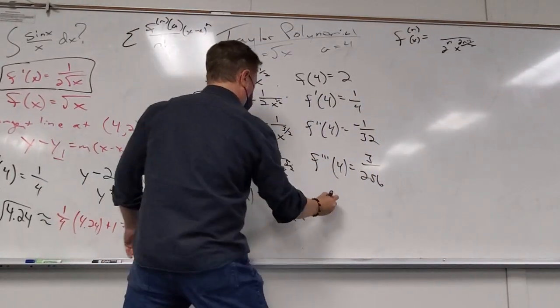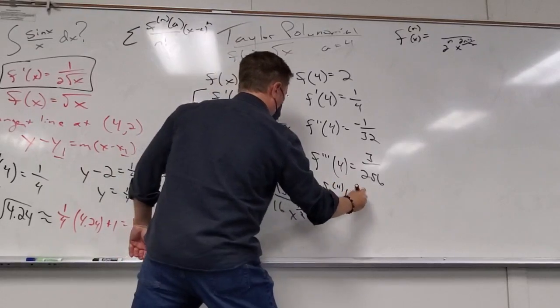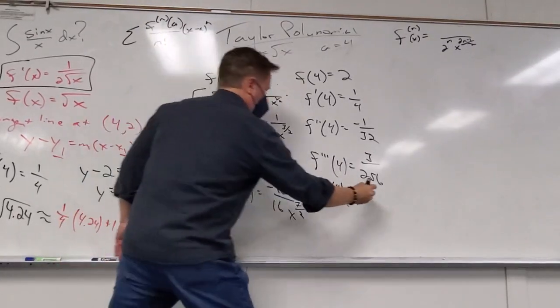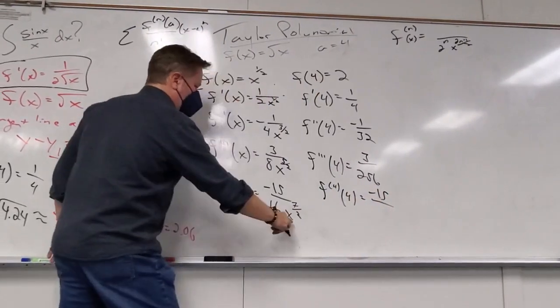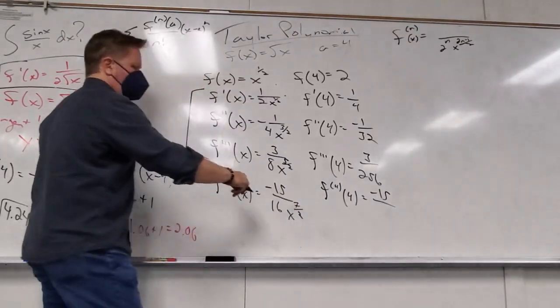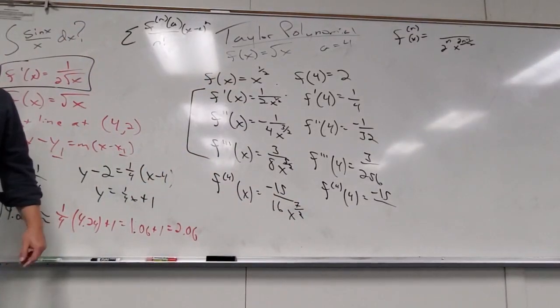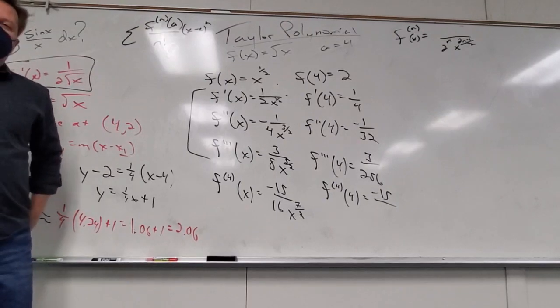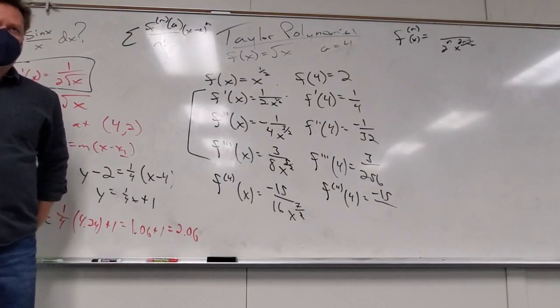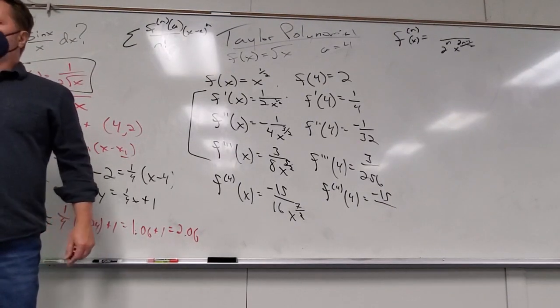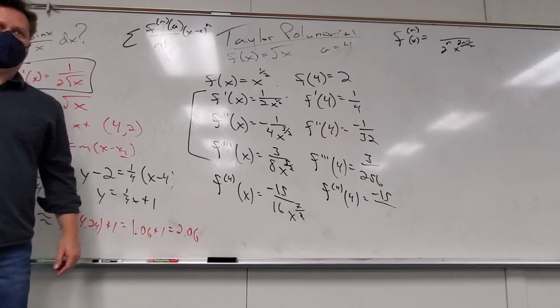So what's this fourth thing at 4? It would be negative 15 over 16 times 2 to the 7th. 2 to the 6th is 64. 2 to the 7th would be 128. Is that right? Yes. 2 to the 7th is 128.